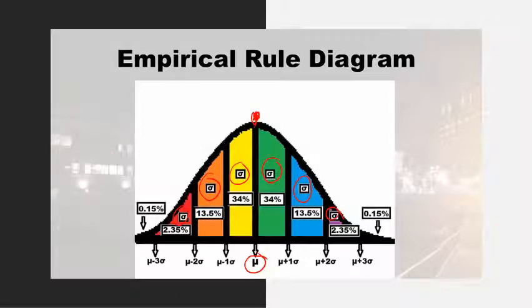What that means is that the width of this section is your standard deviation, or whatever symbol you want to use. Each one is the exact same width, and that all equals a standard deviation.